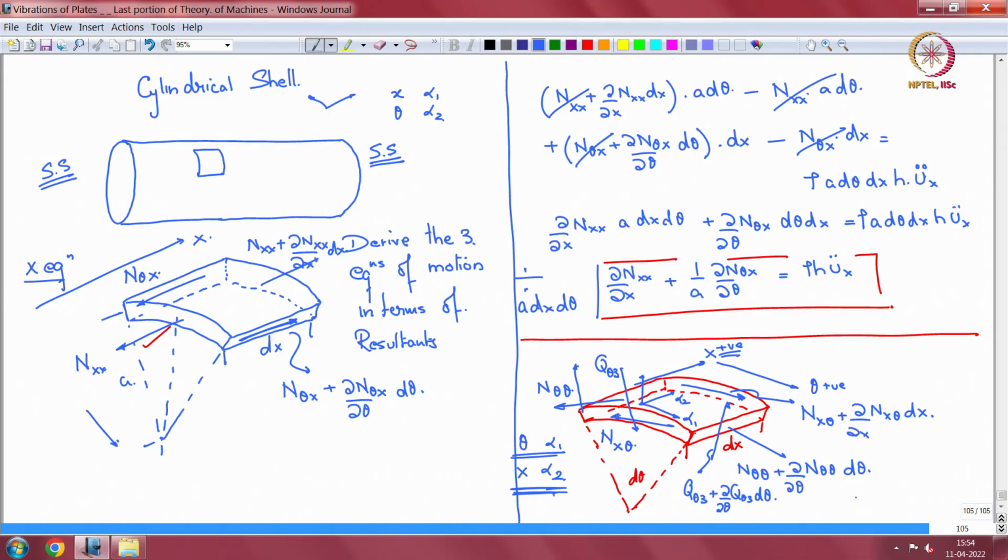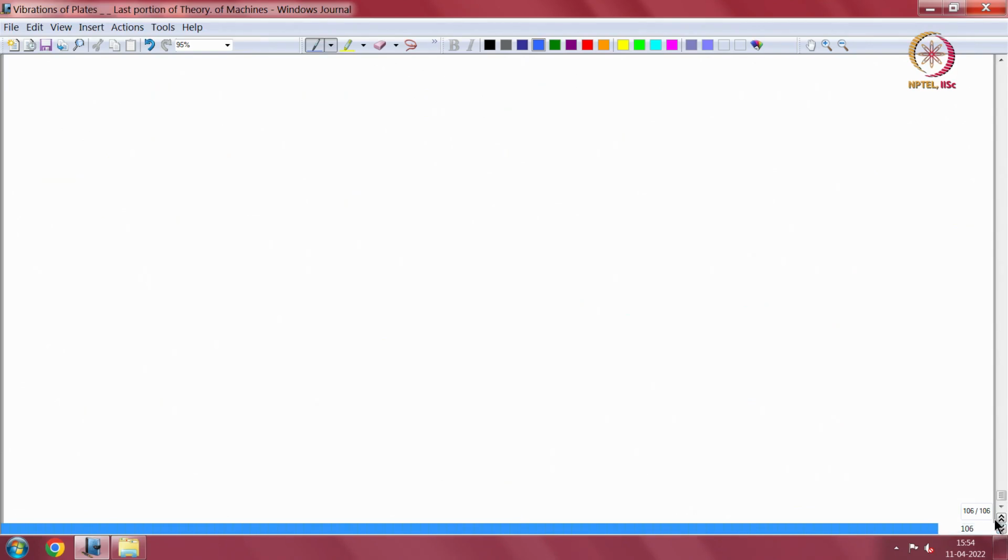So now if we have to do a force balance in the theta direction, you will have the shear force resultants, the normal resultants, and components of the vertical shear. So how will it work out?